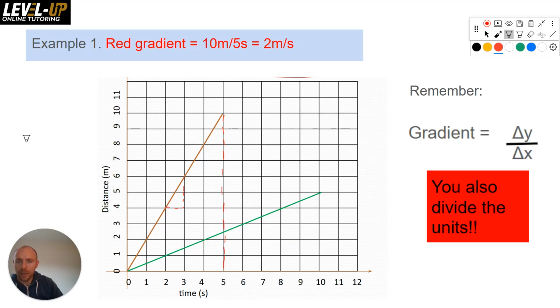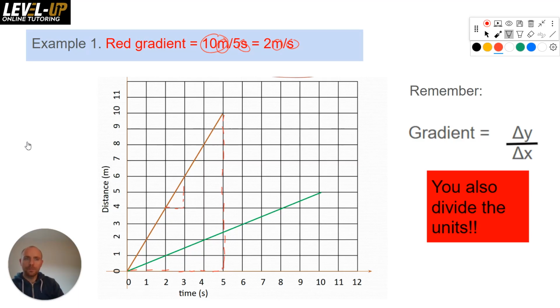I'm going to do the whole line. So my change in y is 10 meters. Notice I said meters, I've used the units. My change in x is 5 seconds. So I'm going to divide 10 by 5, which is 2, but I'm also going to divide meters by seconds, which is meters per second. So I've got a speed there, or a velocity, 2 meters per second.